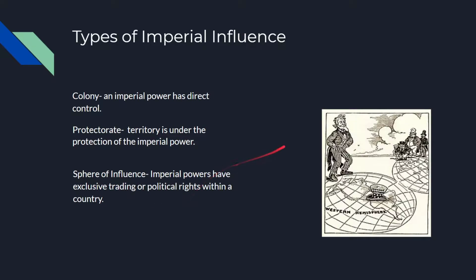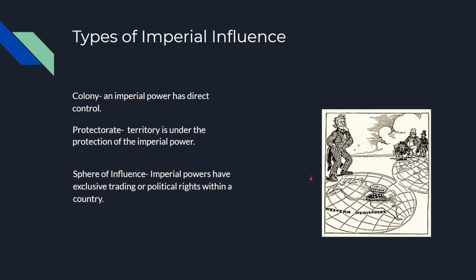We can also see this in the Americas, where the Monroe Doctrine essentially created a sphere of influence that the U.S. had over South America, where other countries were not allowed to have interests in South America, or else the U.S. would retaliate.